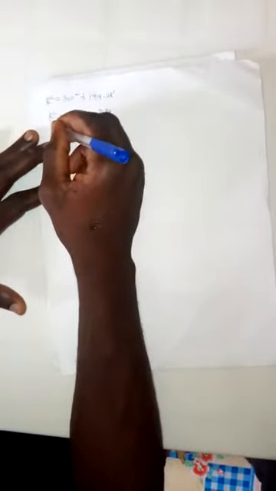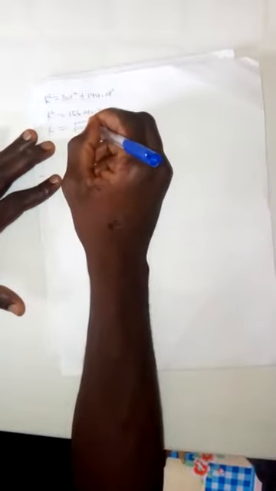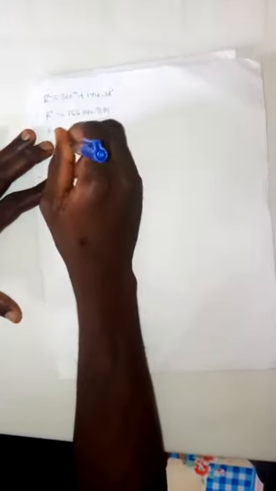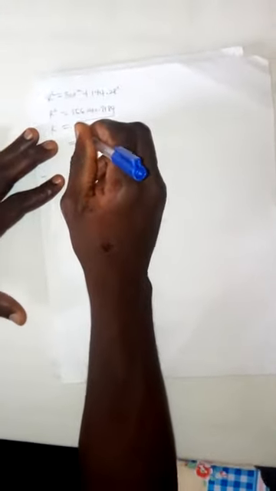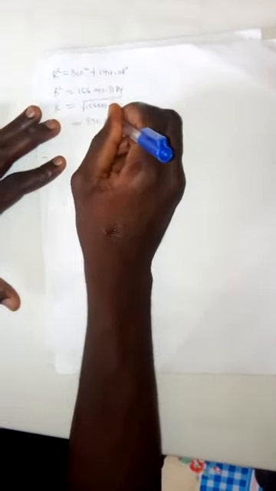If you take the square root of this, that gives us 395.273 Newton. So that's the equivalent amount of force, the resultant force acting in the system.